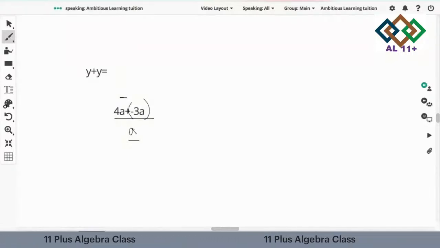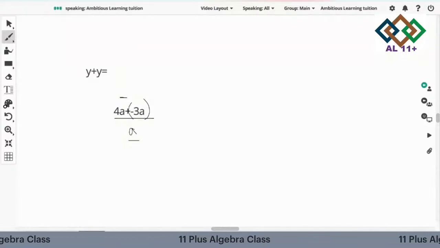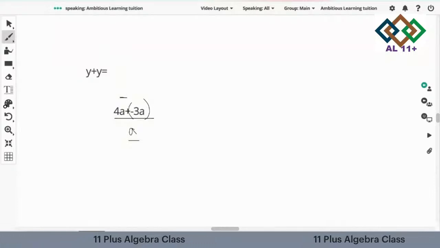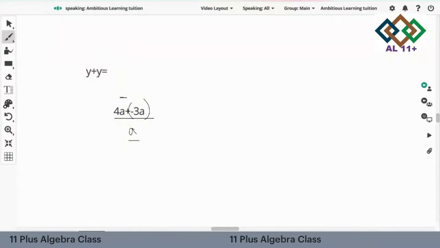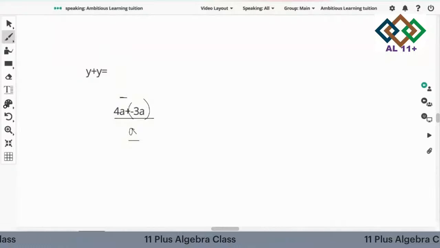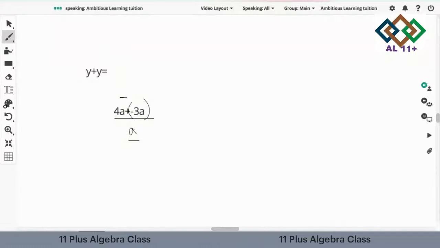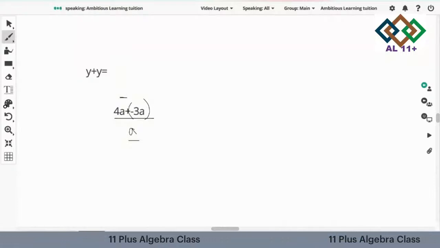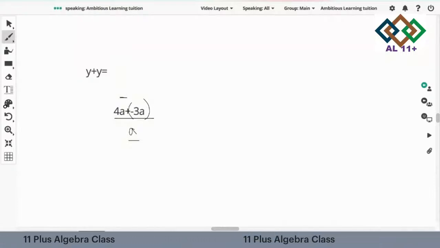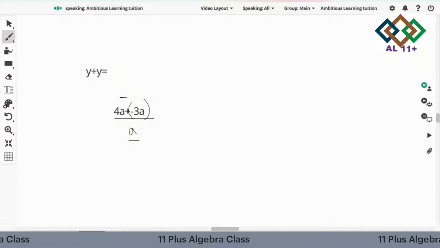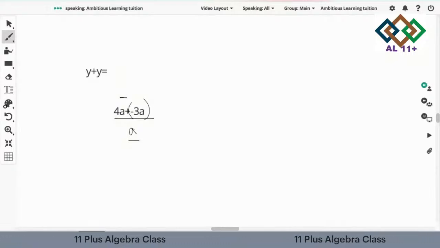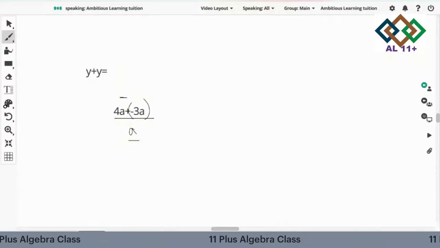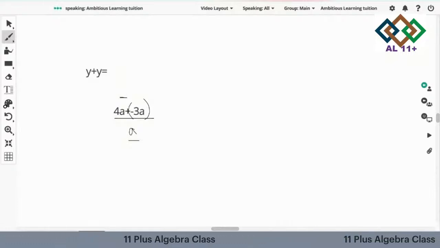It will not be minus 1a, it will be only a. In algebra you always take the sign of the bigger one. This is something you all need to understand. Also, minus and minus becomes positive, and minus and plus becomes negative, and then you take the sign of the bigger one.